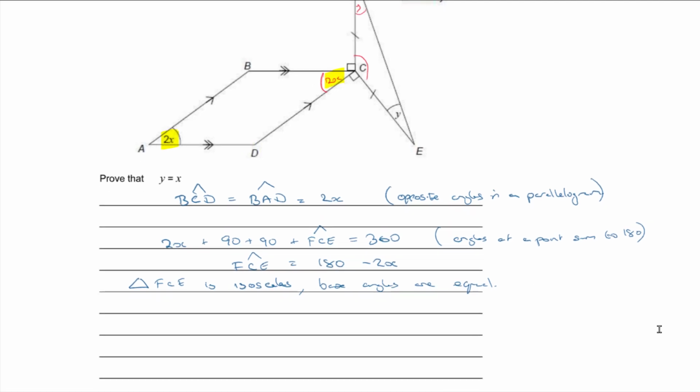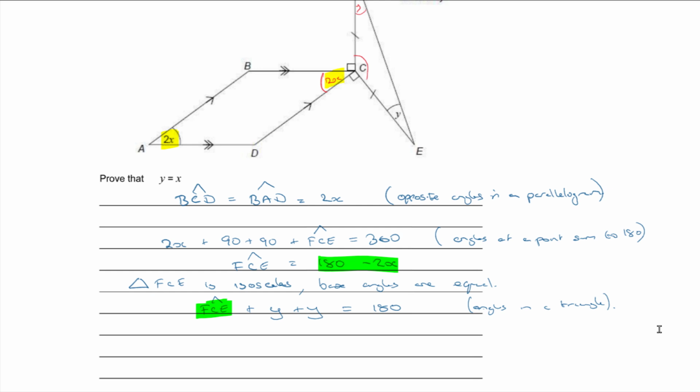So what we've got then is angle FCE plus 2y is equal to 180 degrees because of angles in a triangle. Okay, so then we know that FCE, we just found it here, didn't we, is 180 minus 2x.